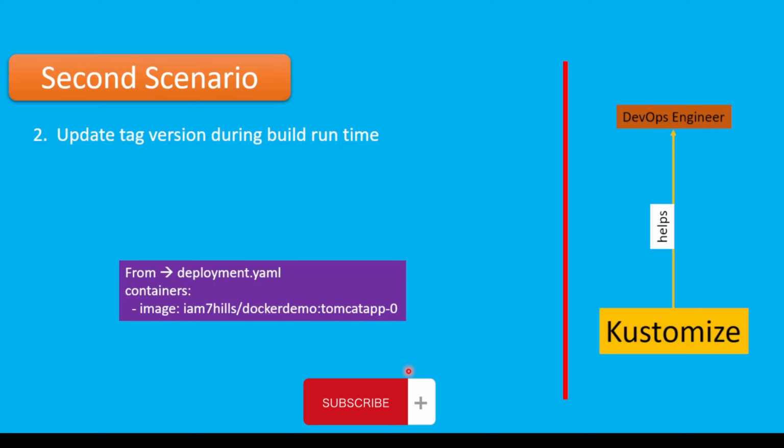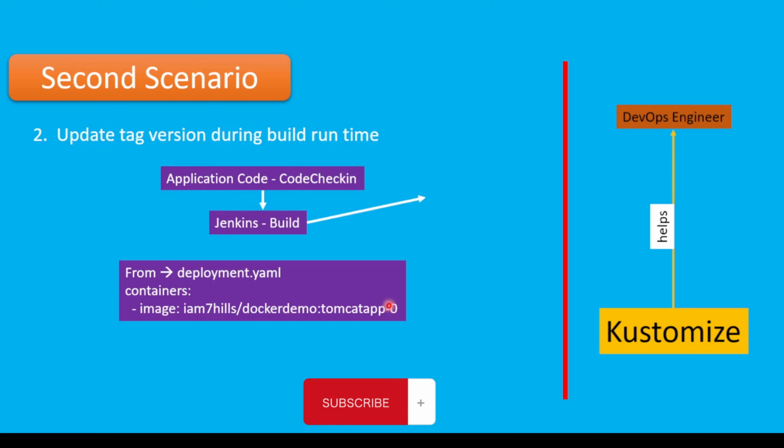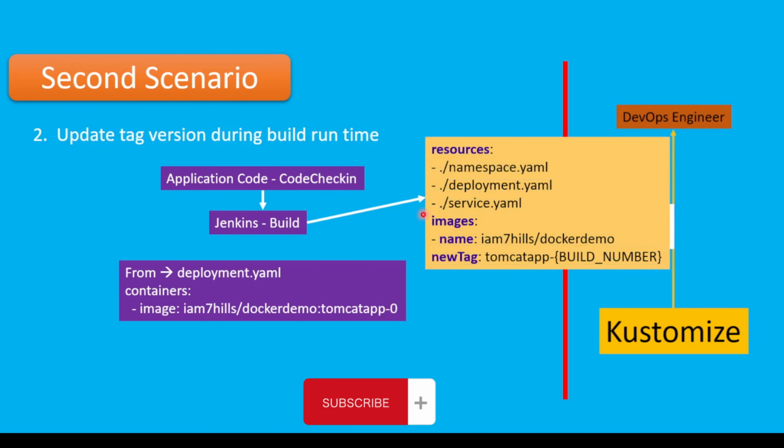So let us assume that this is my sample deployment.yaml, which has the previous version of the image, like 0. Whenever the developer checks in the code, the build will trigger automatically using Jenkins, or it can be any other build tool. And this is how my customization YAML will look.